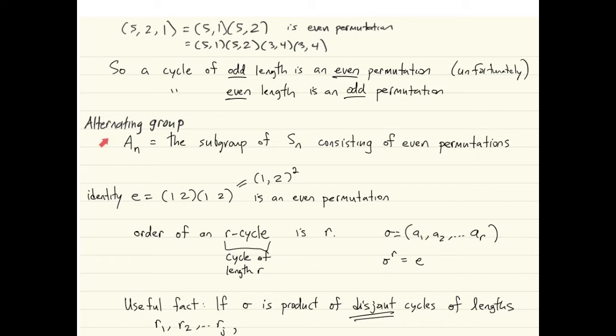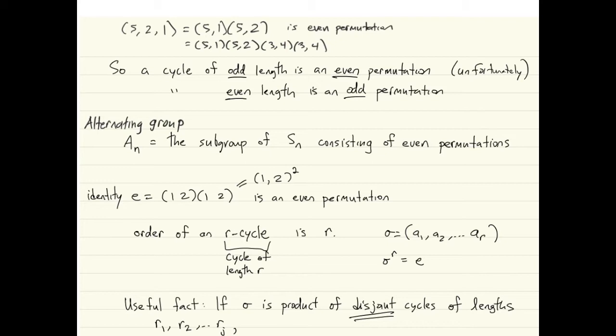So then the alternating group, this is the reason why we're introducing these even and odd permutations, is denoted A sub n. For every n, there's an alternating group. And this is the subgroup of S sub n, the symmetric group on n letters, consisting of even permutations. And every permutation, again, is either even or odd, and so the alternating group is those that are even.